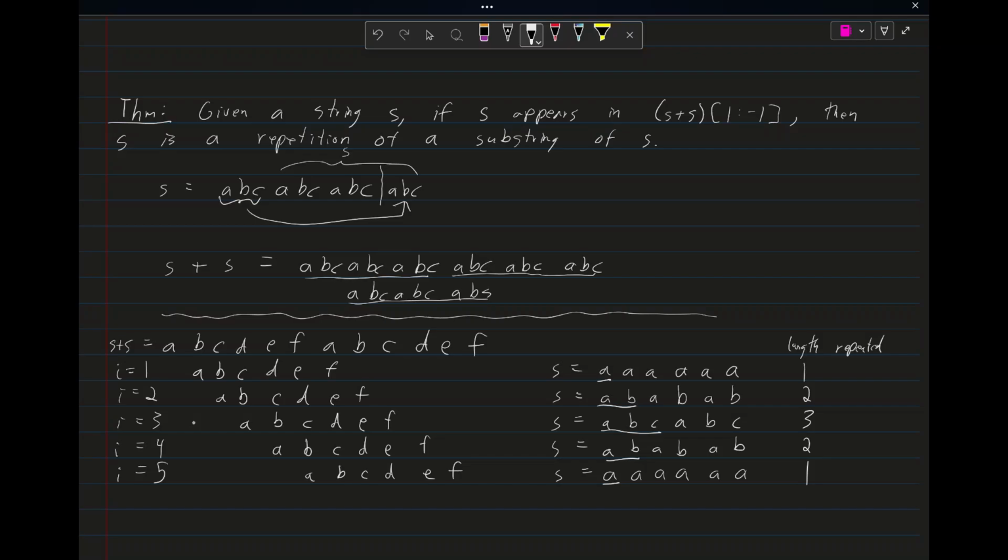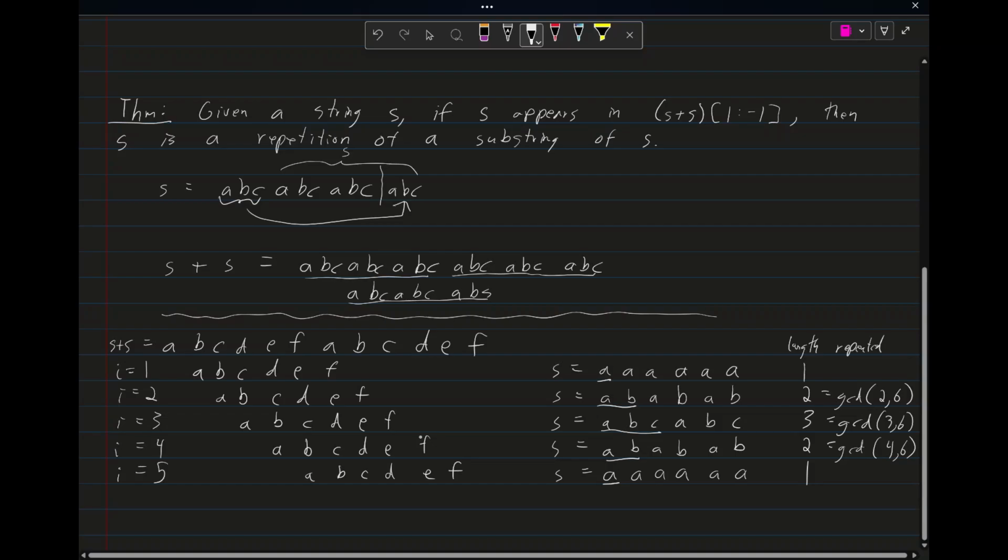Now, what you can notice here is that there seems to be a pattern in terms of how these numbers compare with the length of the string, which is 6. So 3 is the greatest common divisor of 3 and 6, because 3 divides 6. 2 is the greatest common divisor of 2 and 6, because 2 divides 6. 2 is also the greatest common divisor of 4 and 6, because 2 divides 4 and 2 divides 6.